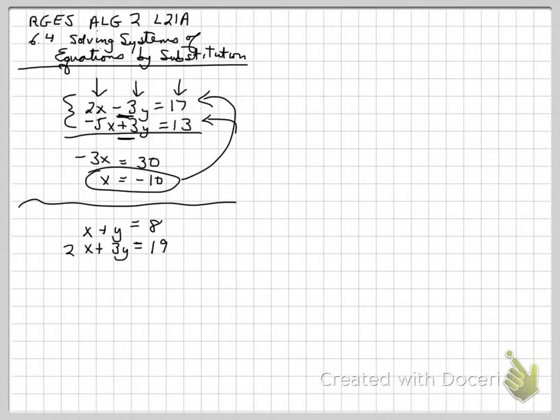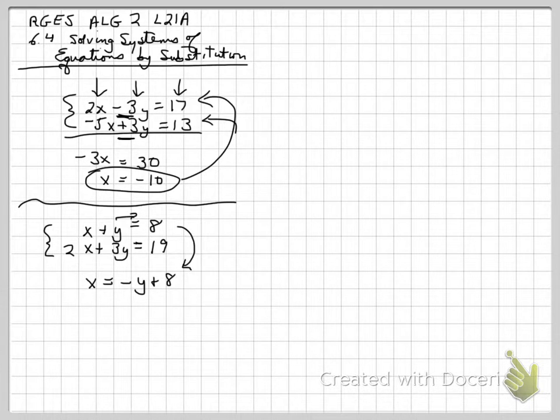I want to take one equation, one of these two, and solve for one variable, so I end up with a statement that says either x equals something, or y equals something. I'm going to take the first one because it has no numbers in front of the x or the y, and I'll go ahead and solve it for x. x equals negative y plus 8, taking the y to the other side.